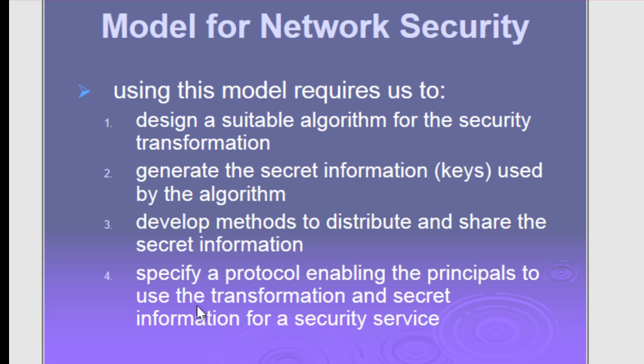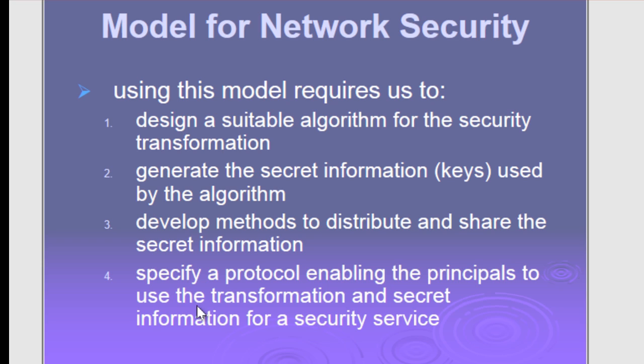To transform any information securely, you first select an algorithm for the encryption process, and then you generate secret information, which is a secret key. Once you select an algorithm, it could be DES, the Data Encryption Standard, or RSA; there are different types of encryption algorithms.